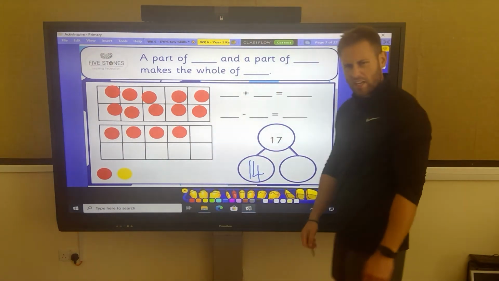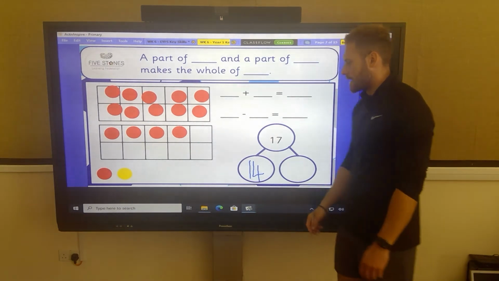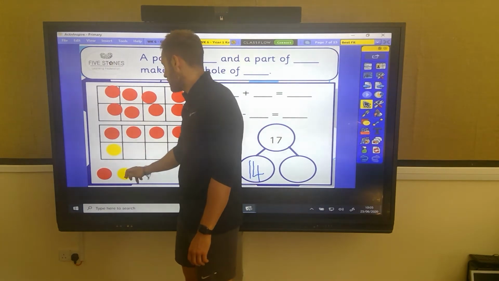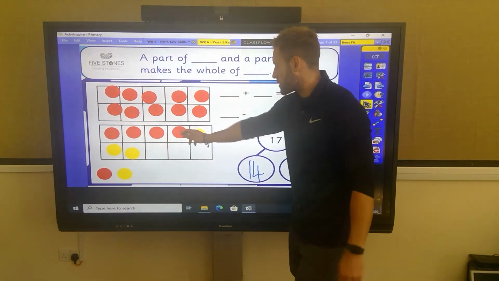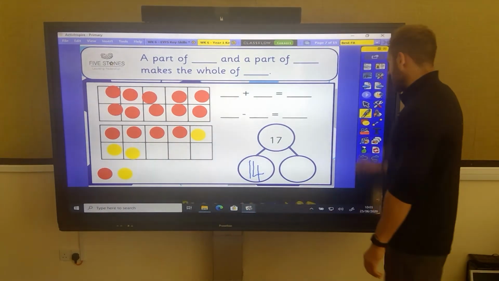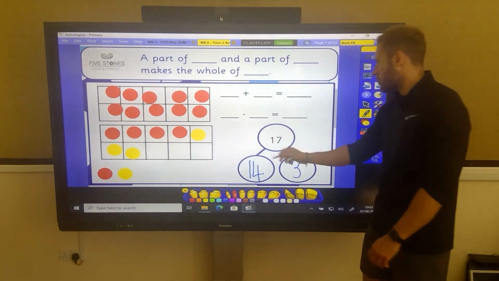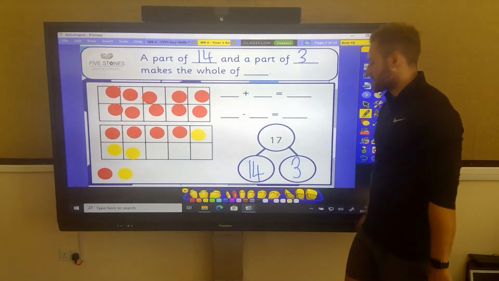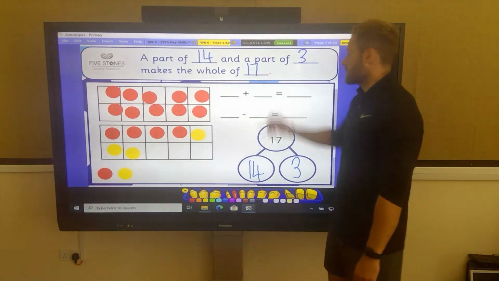Do you think you can figure out what other part I need? I need a part of 1, 2, 3, don't I? 14, 15, 16, 17. So I needed a part of 3. So I now know a part of 14 and a part of 3 makes the whole of 17.